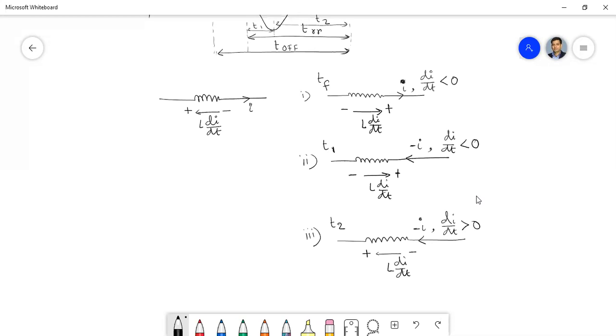Okay. Now in all these conditions, I have already applied the negative voltage, isn't it? That is for making the device switch off. So this is the Vs you have already applied. So here we can write minus Vs plus L di/dt.